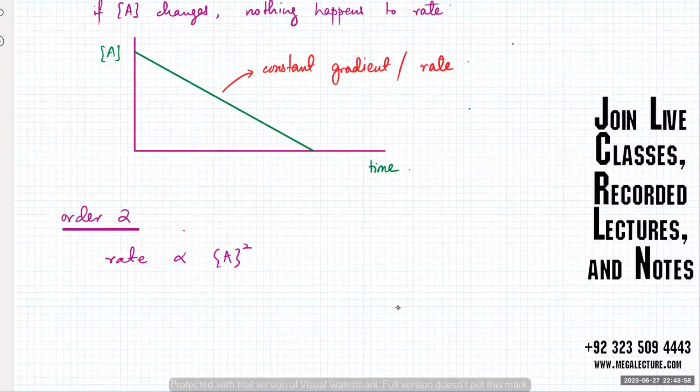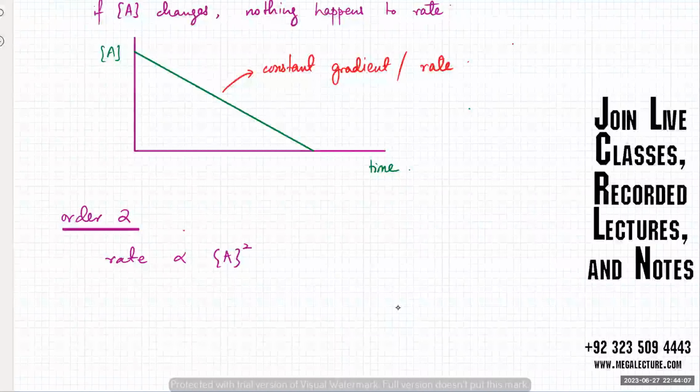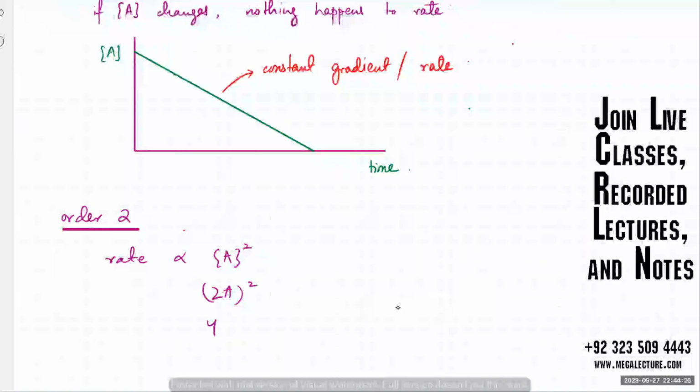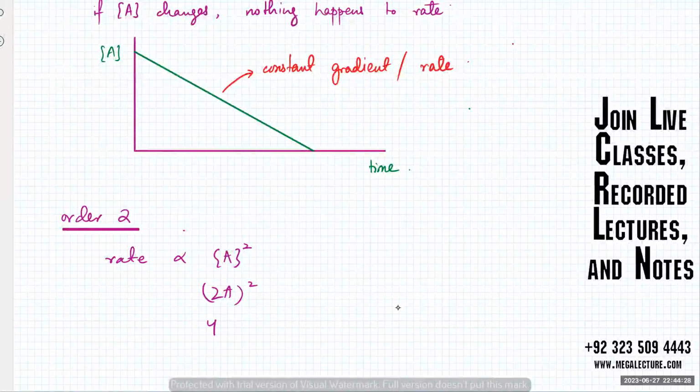If I double the concentration of A, would the rate also be doubled? But it's squared, right? So that means it's going to be quadrupled. If I put 2A over here, it's going to become squared, so it's going to become 4 times, right? Is that clear? Oh, okay. Yeah.